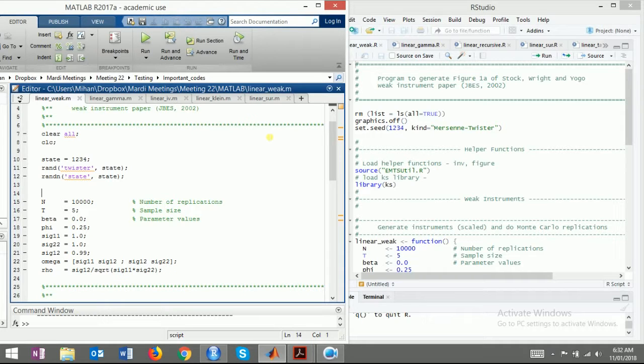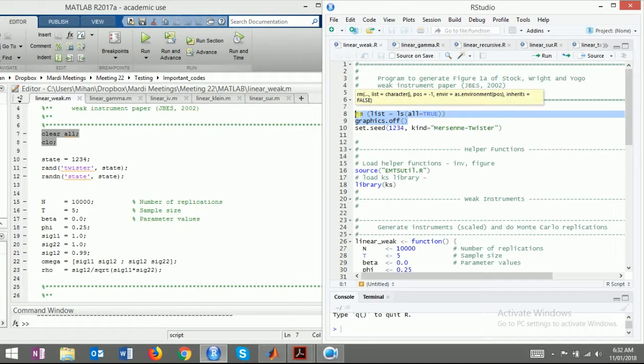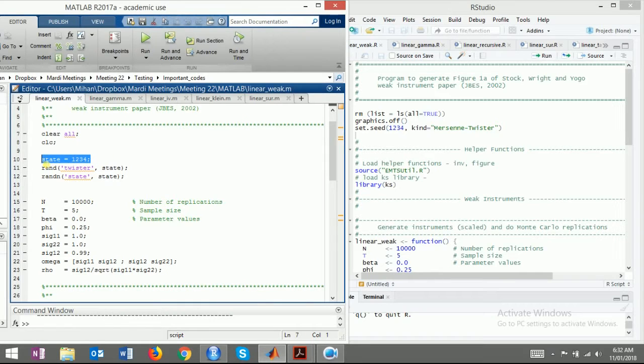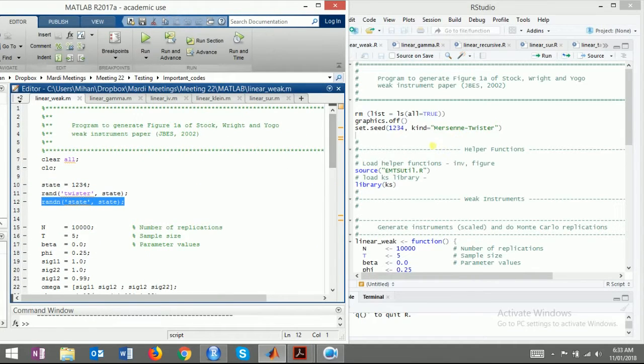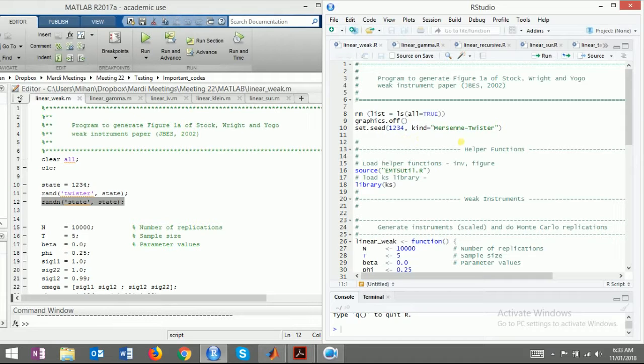In R we do rm, list equals ls, all equals TRUE, which removes all objects, and then graphics.off. Then set the seed to 1234, with the random number generator kind Mersenne Twister. This could have been done more simply, but that is what we use here.